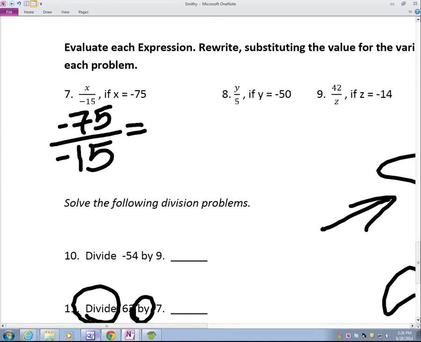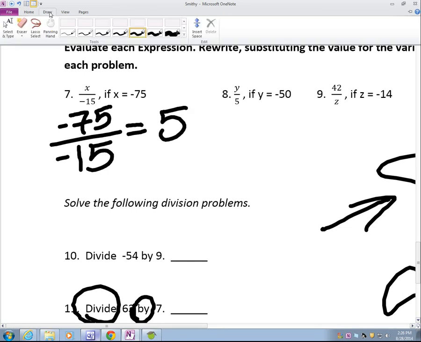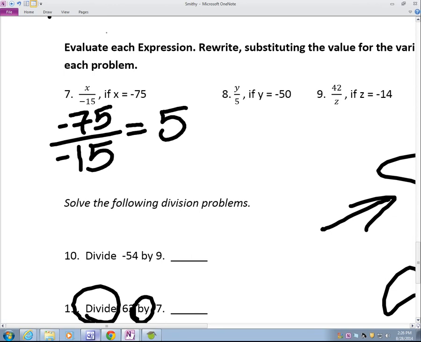Cam? 5. Good. Someone who knows their multiplication rules and division pretty well can finish this homework assignment in 5 minutes.